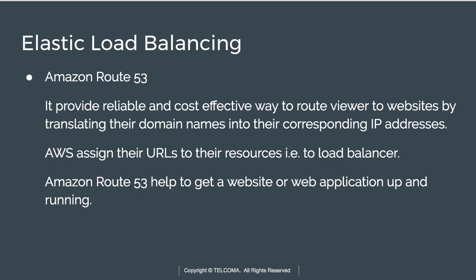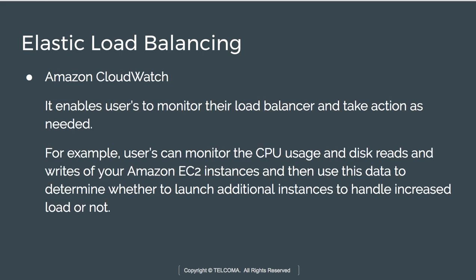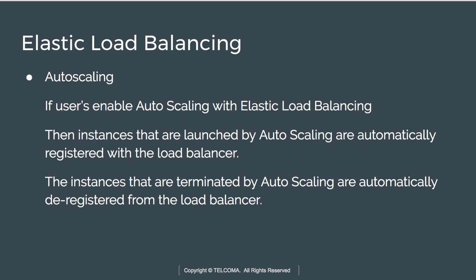Here AWS assigns a URL to the load balancer. Now CloudWatch enables users to monitor the load balancer and take actions as needed. We can track CPU usage, reads and writes, and we can determine whether additional instances are required or not.